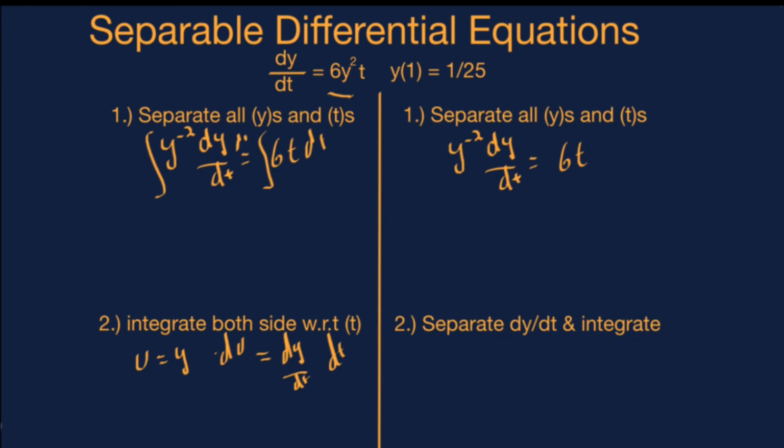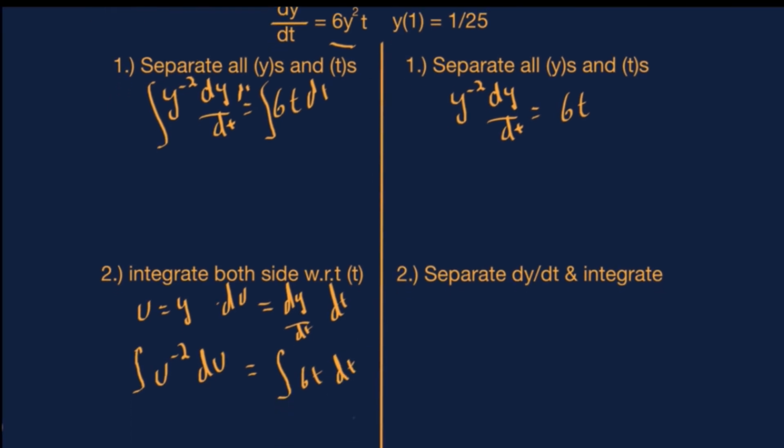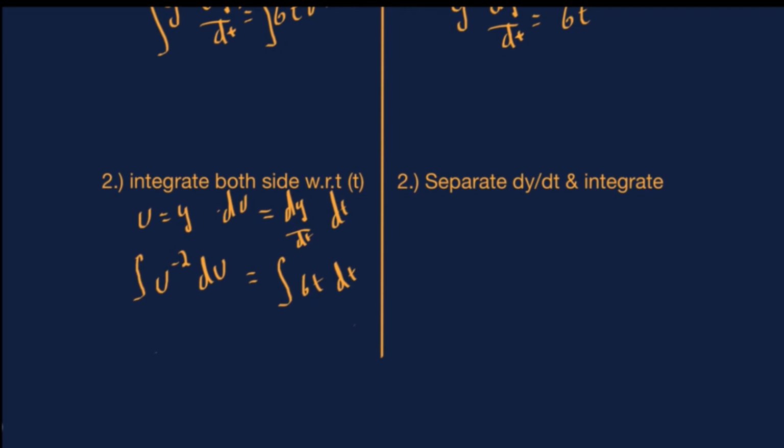So that will give us the integral of u raised to the negative 2 du is equal to the integral of 6t dt. And that would give us on the left side negative 1 over u is equal to 3t squared plus the constant of integration.